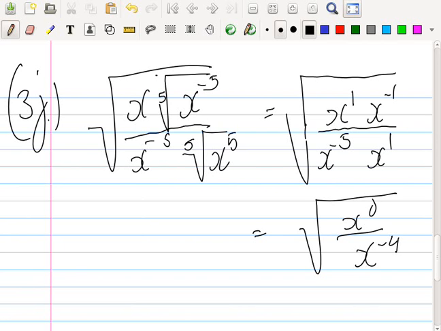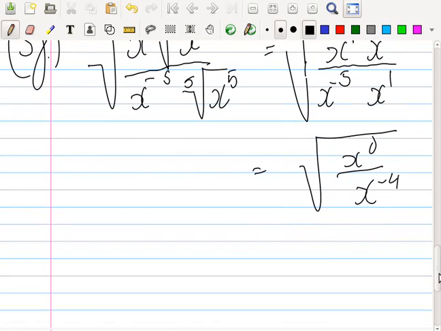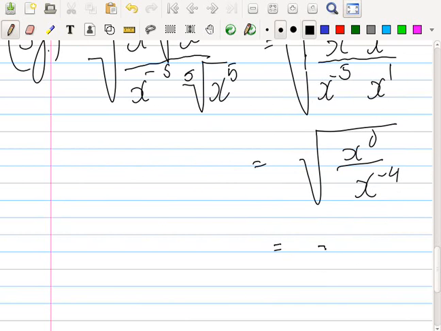Minus 4, good. And then here I subtract the powers, what do I get? 1 over x. X power 4. And then square root is what power? 2. A half. So yeah, 4 times a half? 2. So the answer is x squared then.